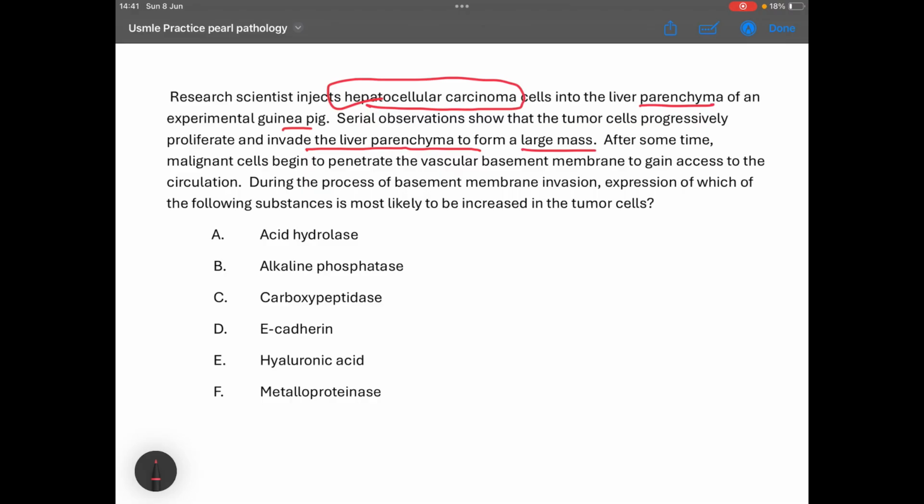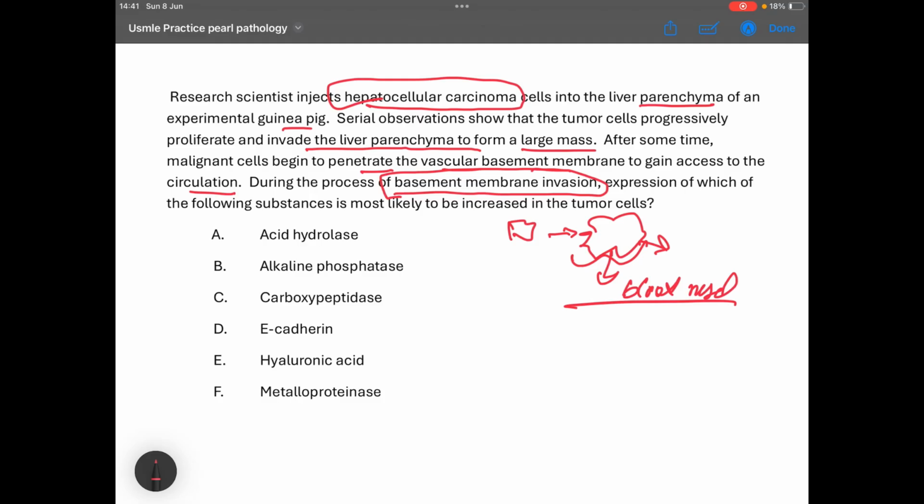After some time, malignant cells begin to penetrate the vascular basement membrane to gain access to the circulation. During basement membrane invasion, expression of which of the following substances is most likely to be increased in tumor cells? In this scenario, they inject tumor cells, the tumor grows, and it penetrates the basement membrane and moves to blood vessels.